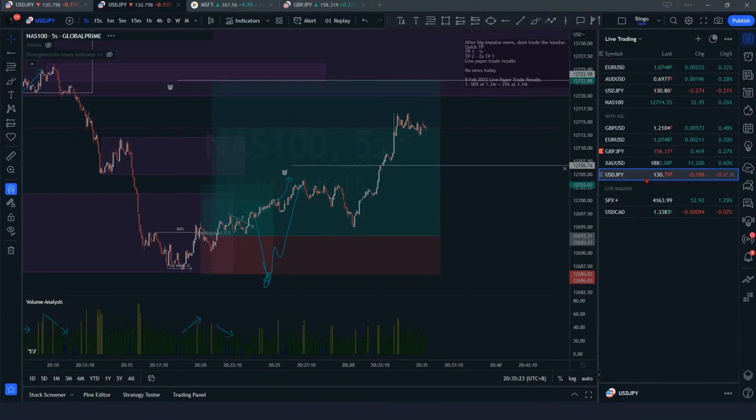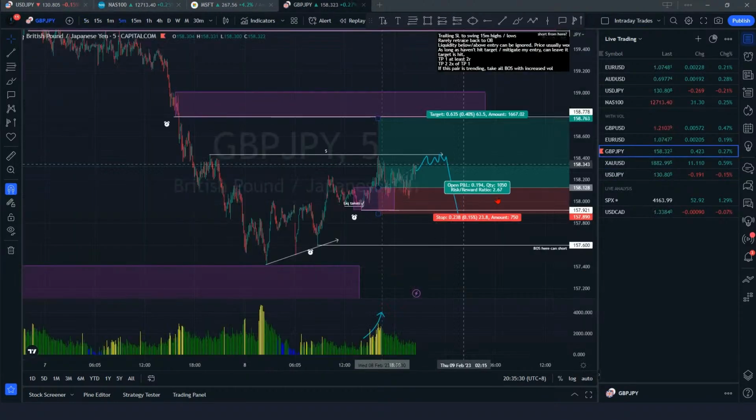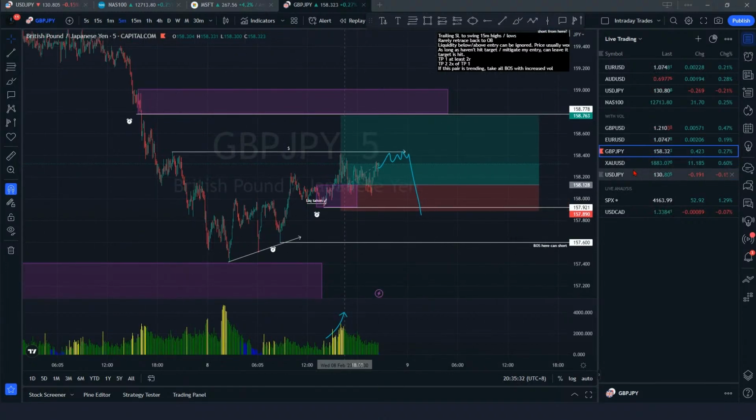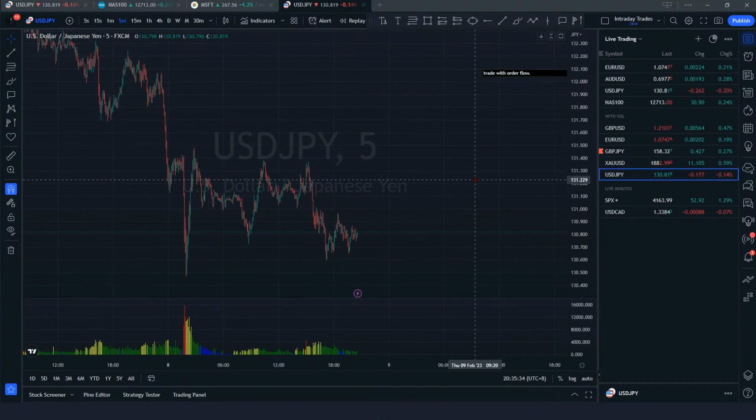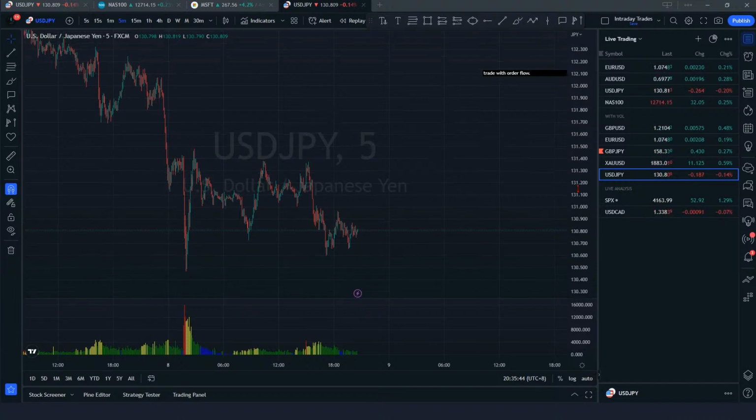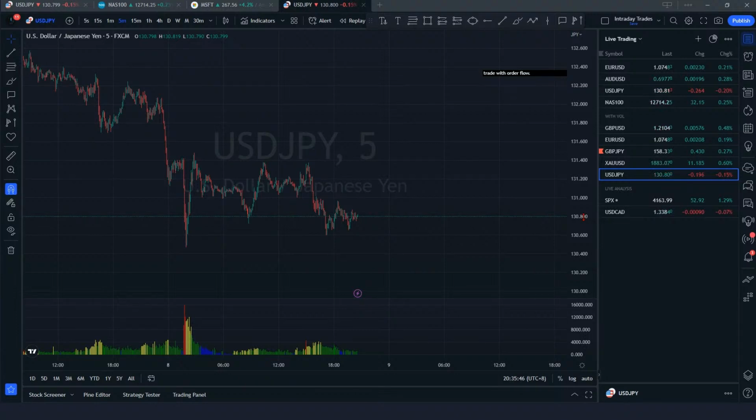Okay, JPKs, USD JPY. Oops, should have used this. Okay. USD JPY. JP keys, what kind of trade are you looking at? Scalp, day trading, position trade, swing trading, or what?